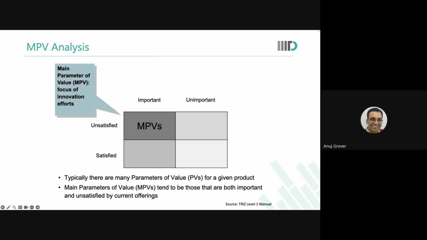So main parameter of value relates to important needs which are unsatisfied yet. Now, we said that these are MPVs. Then what is here in this quadrant? Latent parameters of value. What are latent parameters of value?